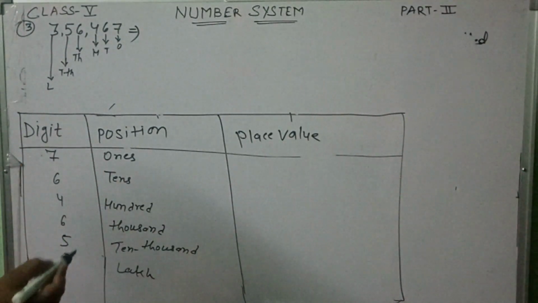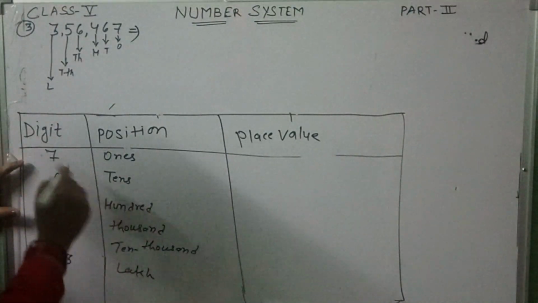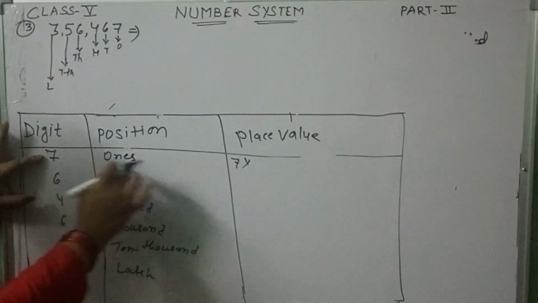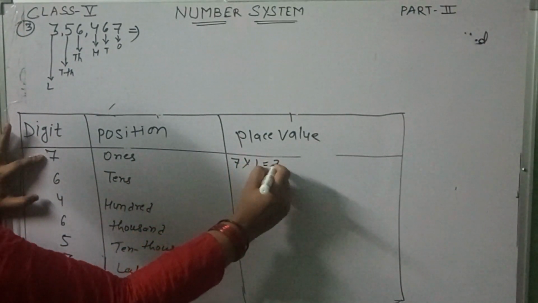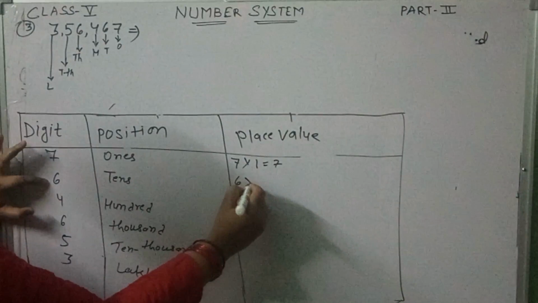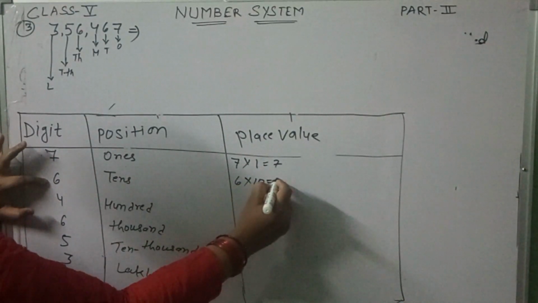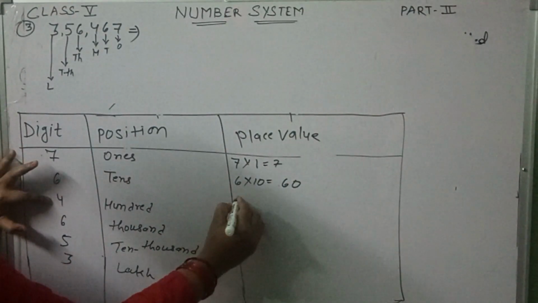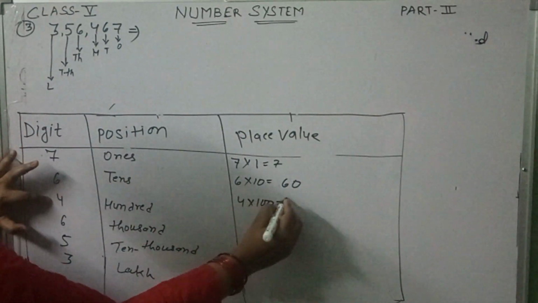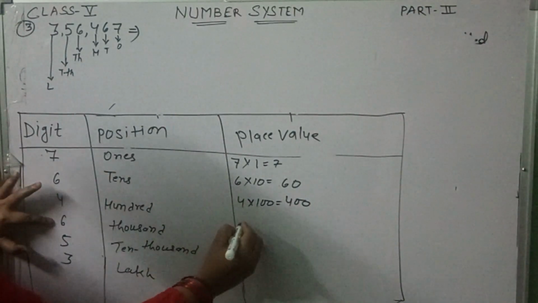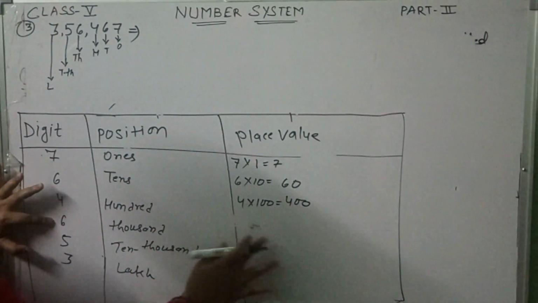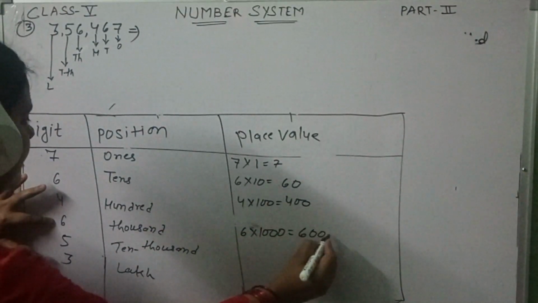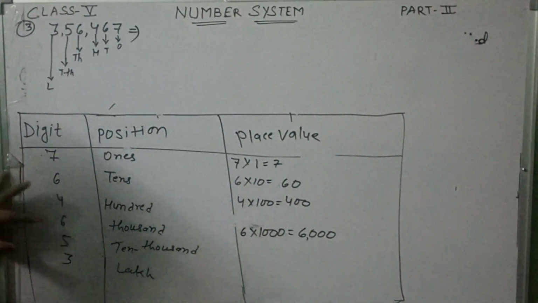Next column is the place value. Very simple. Write this one. First one is the 7. So write the 7. And here 1 is written, so we will multiply with 1. Value is 7. Same way 6 into what? 10. That is 60. 4 is 100, so we will write 400. 6 is 1000, so we will write 6,000.